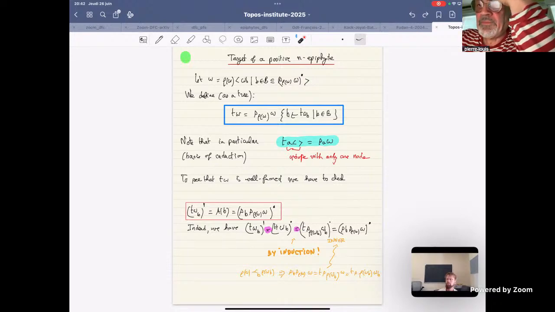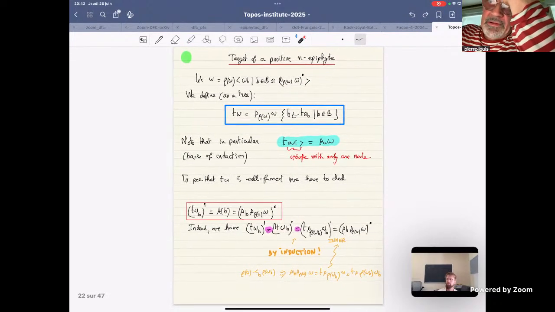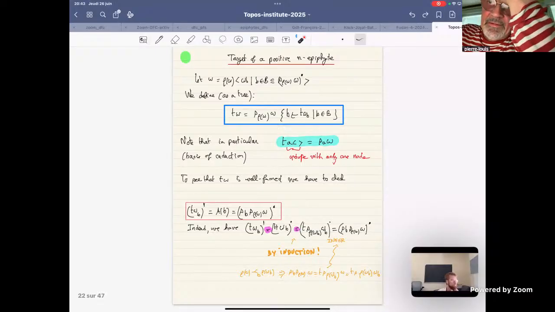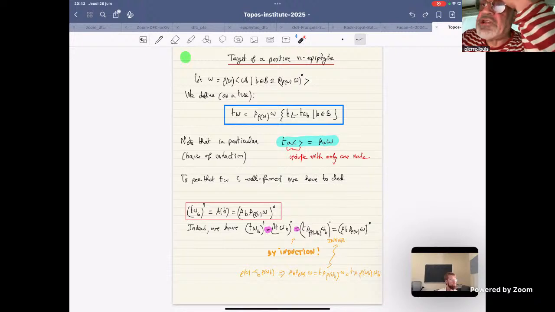So the base case is included in this synthetic description, but it's good to observe what the basis of the induction is. Okay, so the important thing is that, of course, we have a lot of things to check. So the first thing is that we did not define the target yet. We defined just a tree structure, but we have to define an opetope structure. So we have to attach suitable opetopes to the nodes of this target, but we will do it next slide. But before that, for example, we need to check that this substitution is well defined.